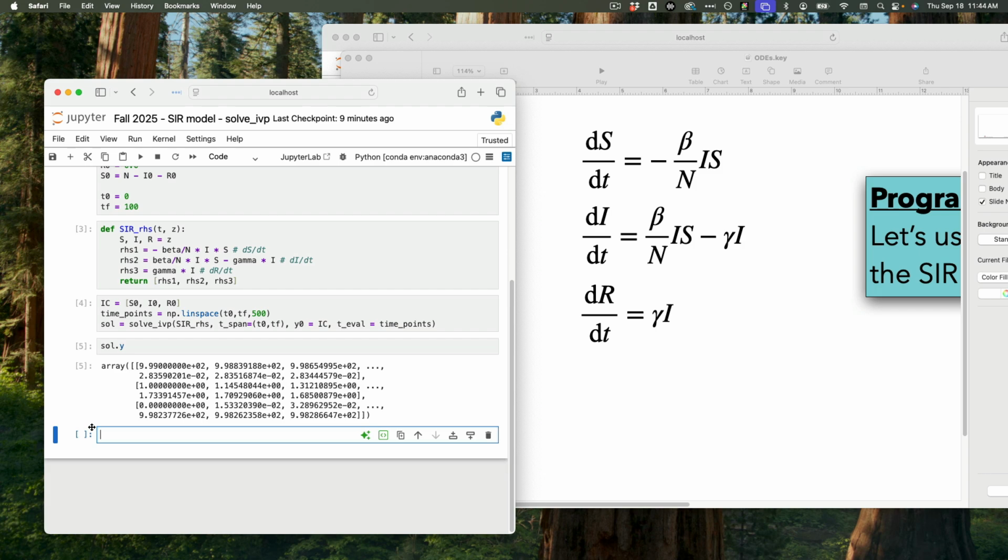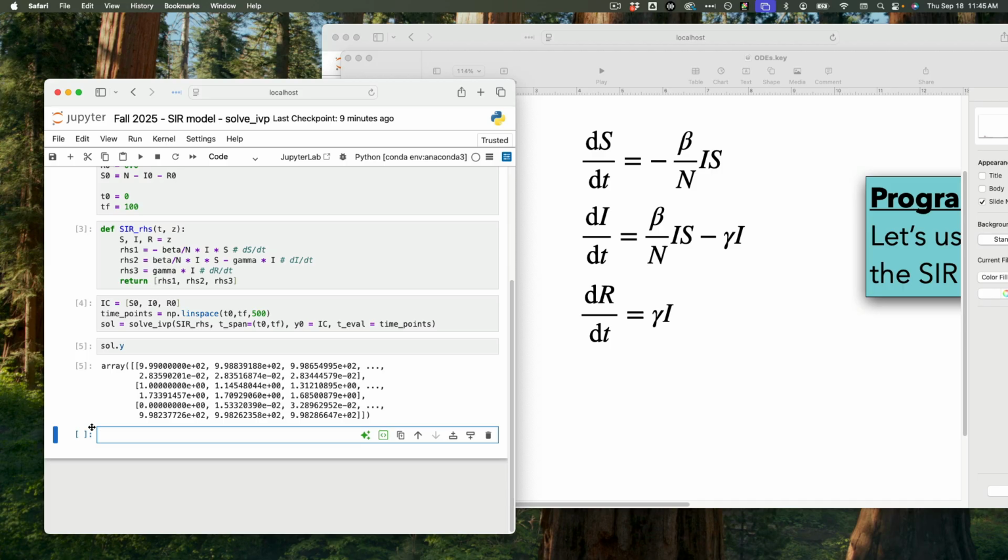So this first set is S, which contains the susceptible, and look, it starts at 999. Isn't that cool? This second set is the infected, and it starts indeed at 1. There's 500 points in each. And then the recovered, starting at 0, and then all the way to the end.